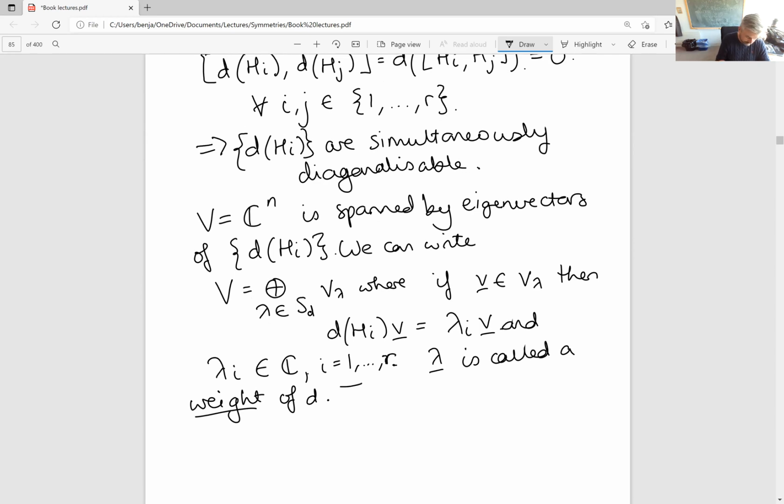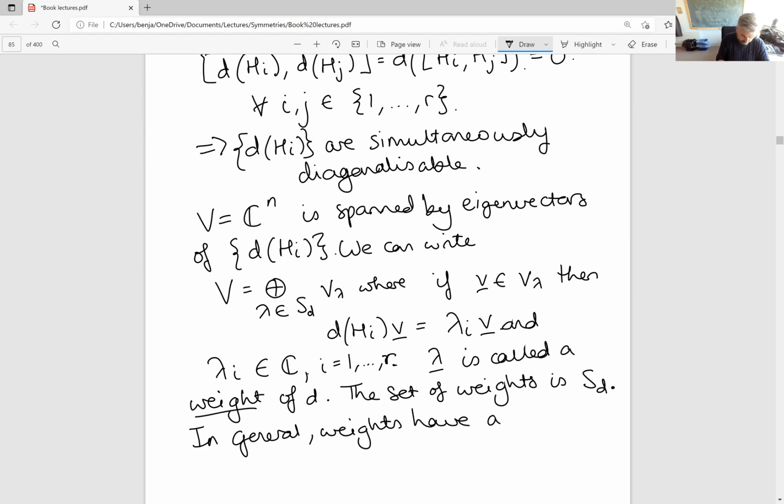And the set of weights is S d here. So in general, these weights have a multiplicity, just given by the dimensionality of the eigenspace.